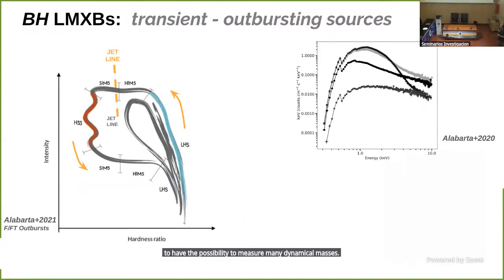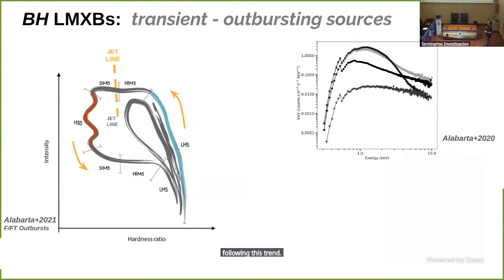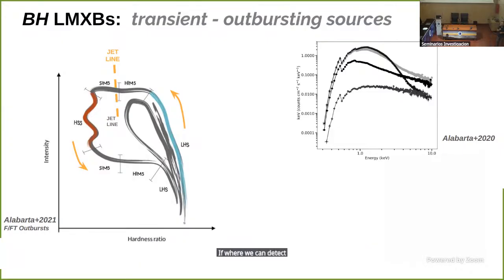And the reason why we discovered these sources following this trend is simply because most of these sources are not persistent, but transient sources. So once they go into outburst is when we can detect them in X-ray, and then we start to study them.